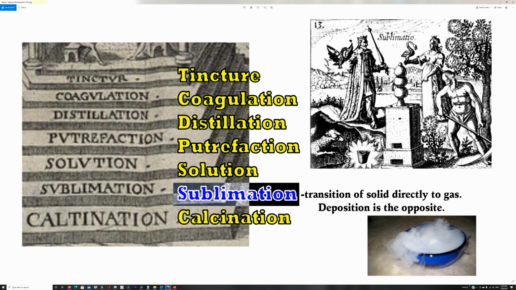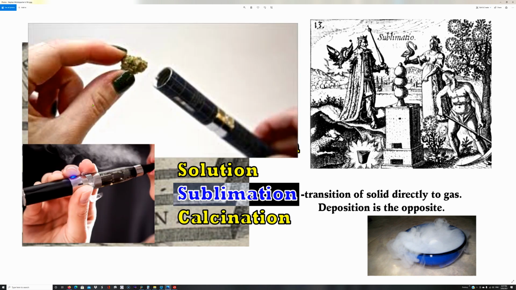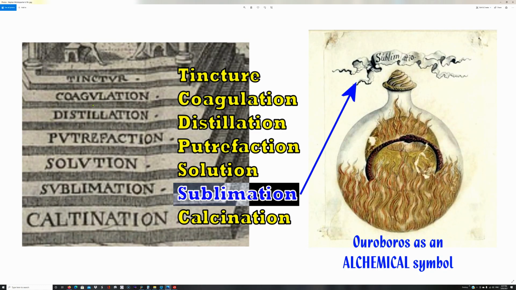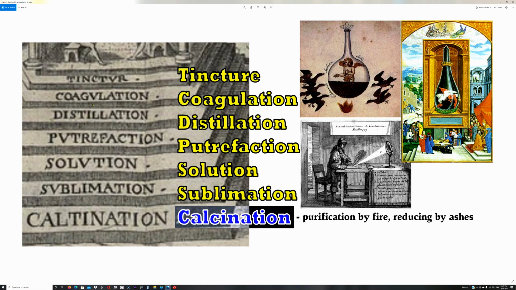Sublimation, again, these are still core operations in the chemistry labs now. So vaporize, okay, that's an example of sublimation. And calcination, which is to burn, to reduce things to ashes and extract what makes those things up as well.